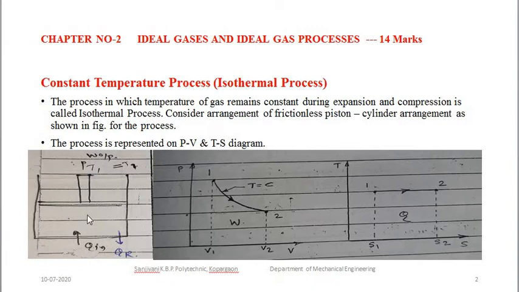Now we are assuming that the temperature remains constant. When will the temperature remain constant? When the system and surrounding are always maintained in a thermal equilibrium condition. To maintain the system and surrounding in thermal equilibrium, whatever process we are carrying out should be a very slow process, so that there is time for the heat transfer to take place.